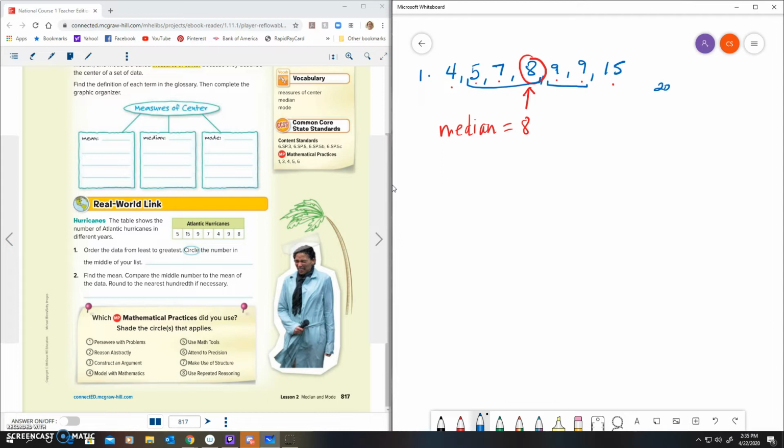So we've got 20, 18, and 19, and that's 57. So to find the mean, we take 57 and divide by 7. 7 into 57 is 8 times, and we have 1 left over. So the mean is 8, remainder 1. Or we just round it and say it's 8.